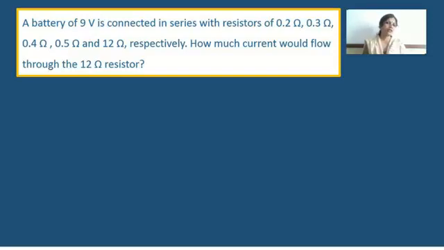Now for this, the concept which should be very clear is that when the resistors are connected in series, the current flowing through every resistor is the same. Alright, so whatever current is produced in the circuit, it will remain the same through 0.2 ohm, 0.3 ohm, 0.4 ohm, 0.5 and 12. So how will we find out the current? For that, let's see what we have to do.